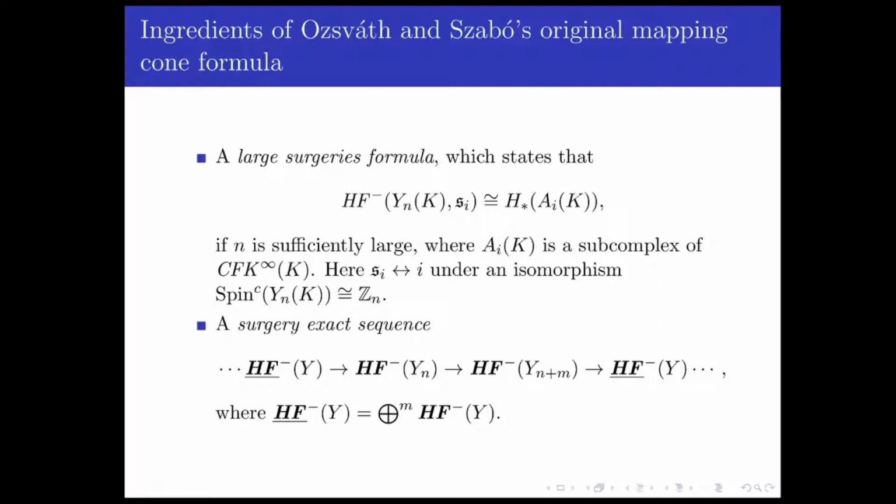The second ingredient in the proof of the mapping cone formula is a surgery exact sequence, which involves two parameters, n and m, and it relates the n surgery along a knot K, the n plus m surgery along K, as well as Y, where m is some positive integer. And here, this underline denotes twisted coefficients.